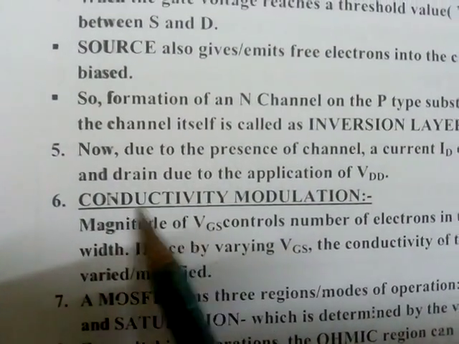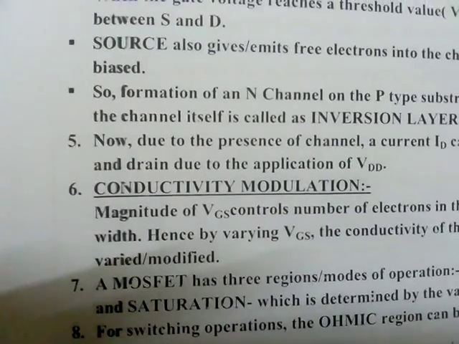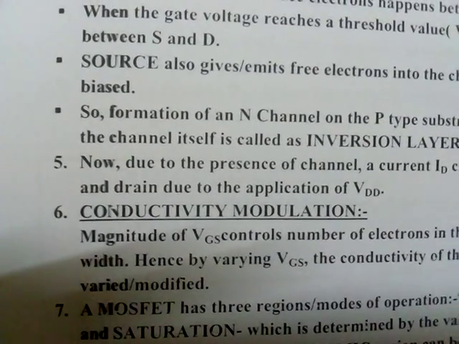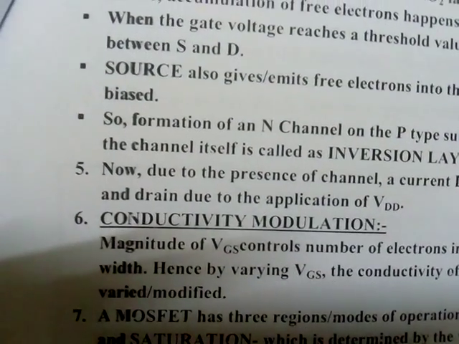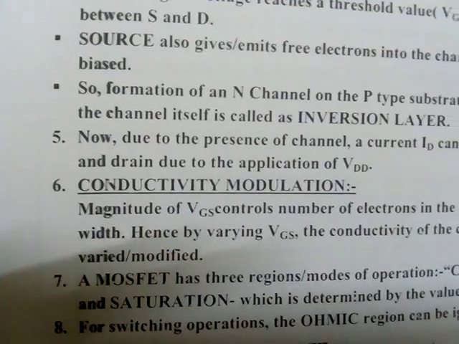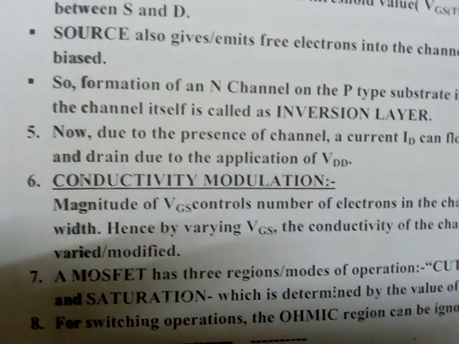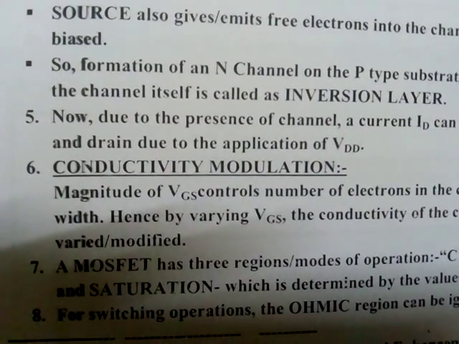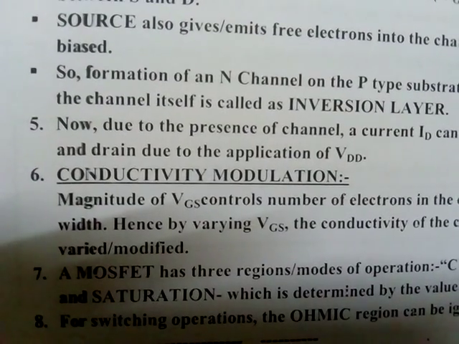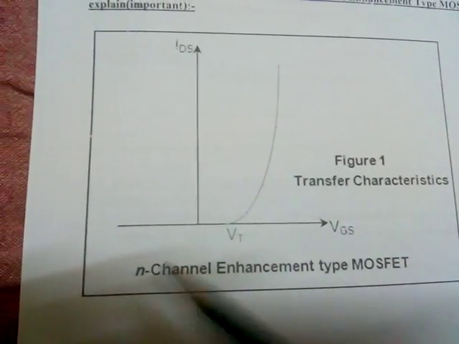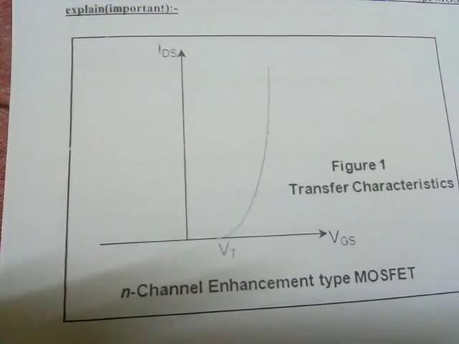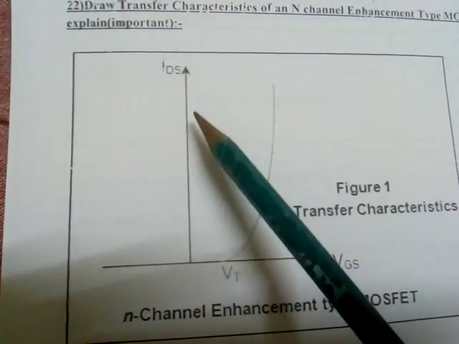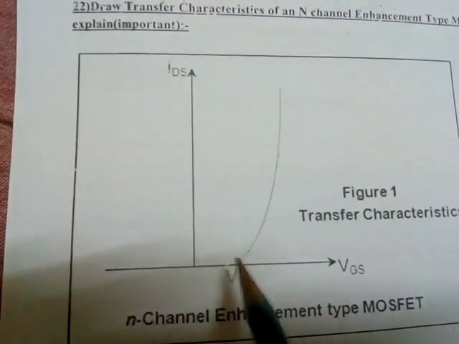There is a term called conductivity modulation, meaning as the gate voltage increases, conductivity also increases. So the variation of conductivity with respect to gate to source voltage is called conductivity modulation. You can see here the drain to source current will be 0.